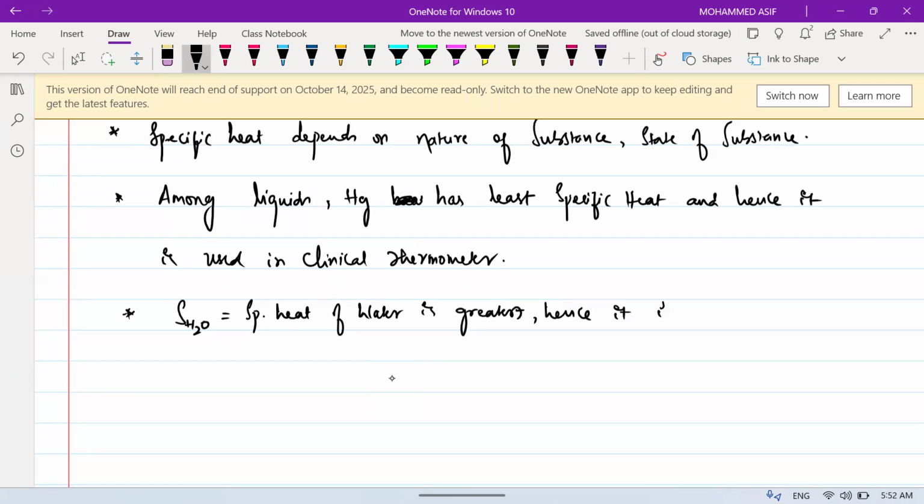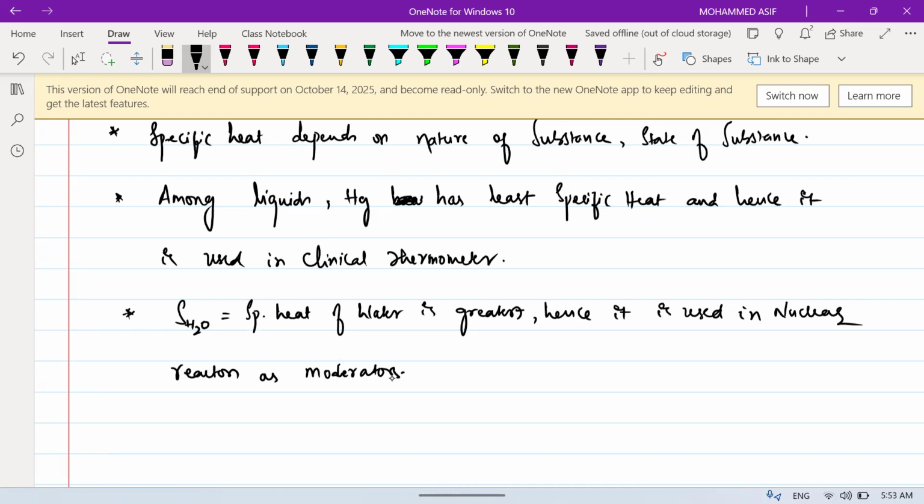Last year in 12th class, you might have studied in nuclear physics that water is used in nuclear reactors as a moderator.